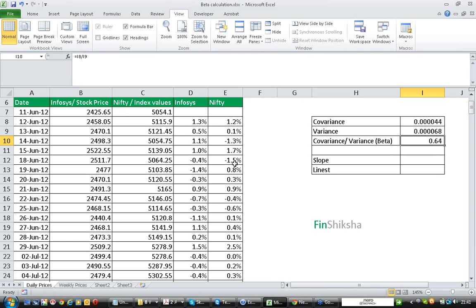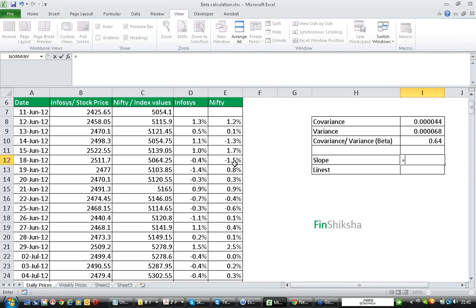There are two more ways to calculate beta in Excel. If you remember, beta is nothing but the slope of the capital market line, right? And capital market line is nothing but a straight line, and hence it will be given by the equation y equal to mx plus c.